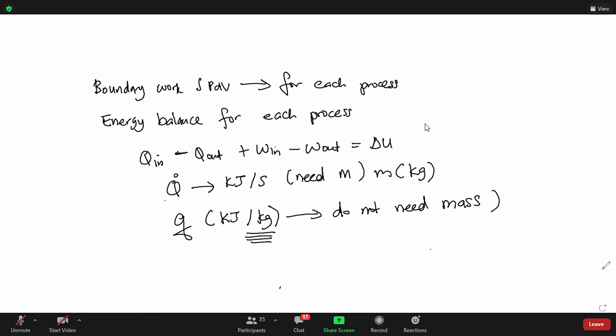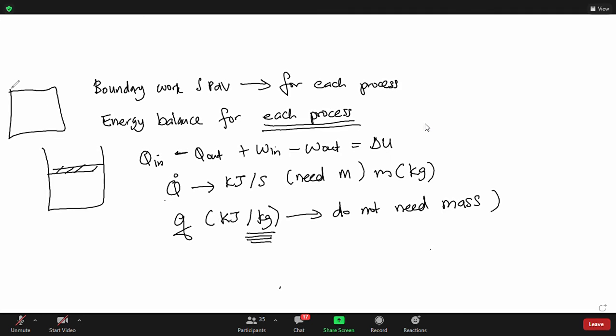Okay, but important thing is you need to do this for each process. That means you look at the problem and see, is there any Q, is there any W, is it coming in, is it coming out? And then you simplify that. So for process 1 to 2, say there is heat loss.